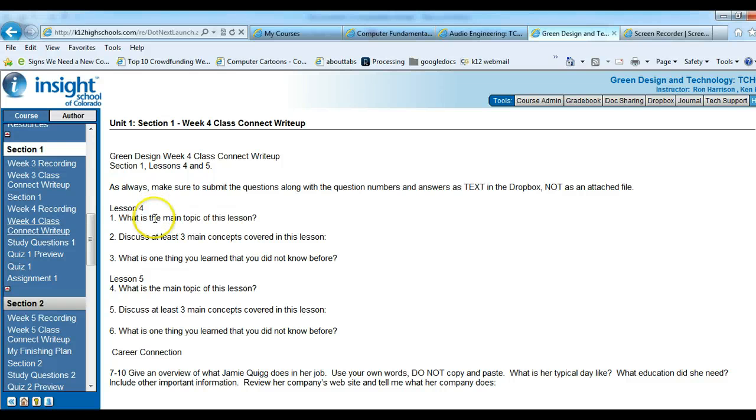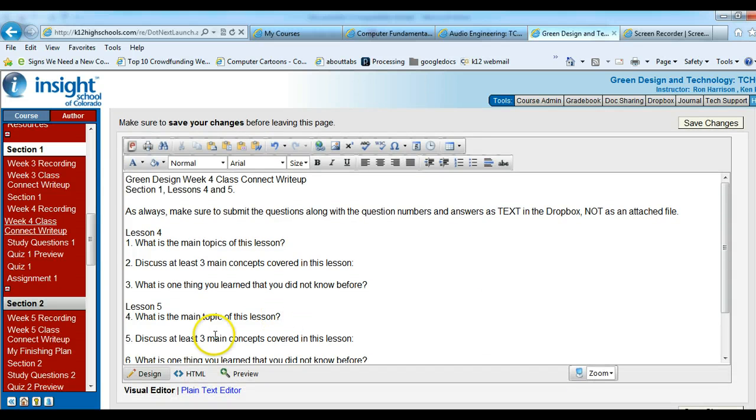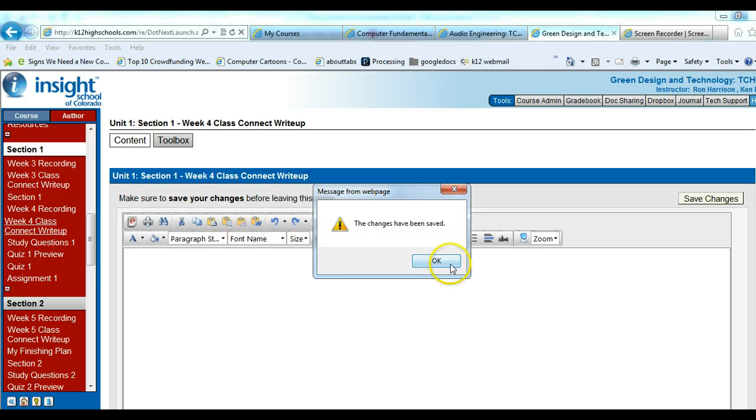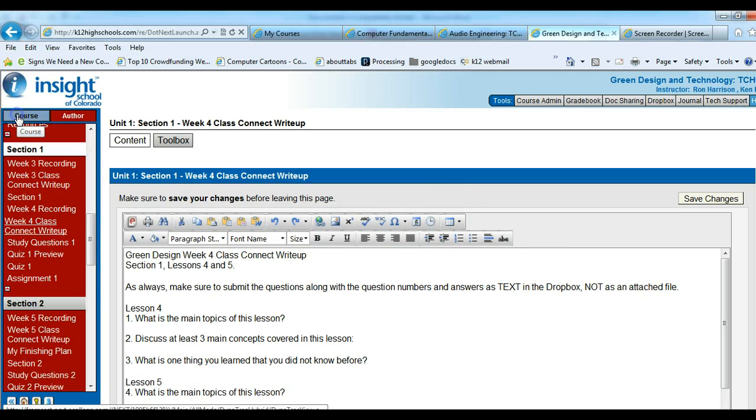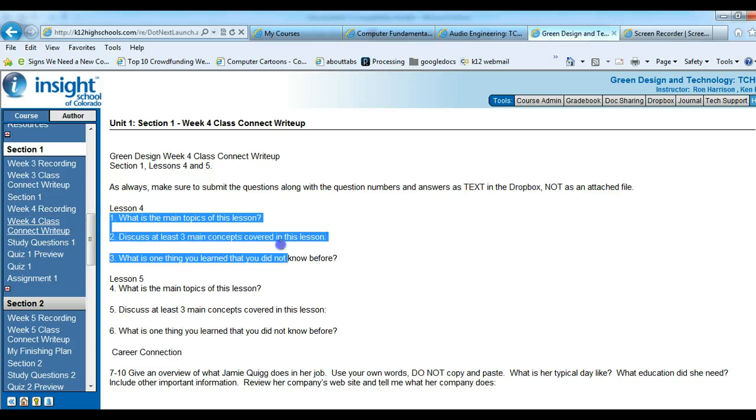So again, and actually I'm going to change this to where it says main topics. It's going to be main topics, so that's going to be the 3 or 4 things that are shown right on that first slide. And then the concepts are the things that you see as you go throughout that presentation. So I think you can easily answer all of these.